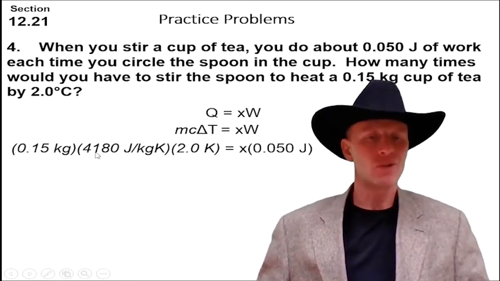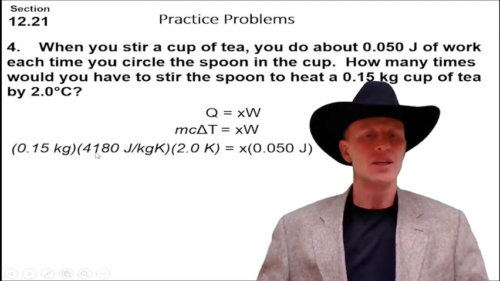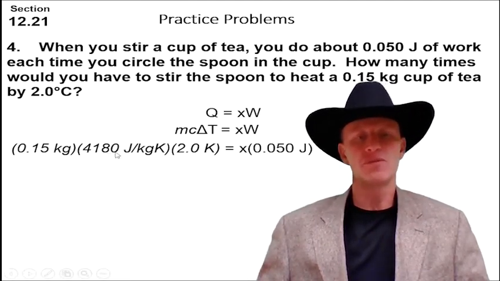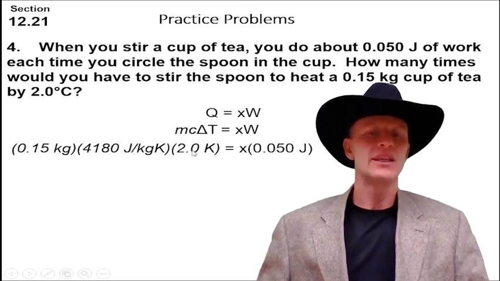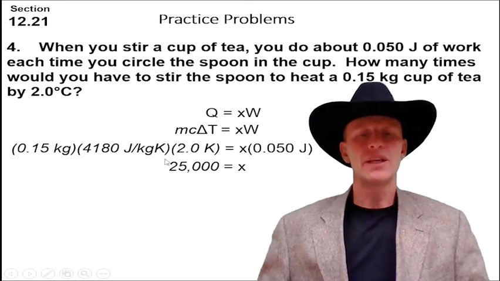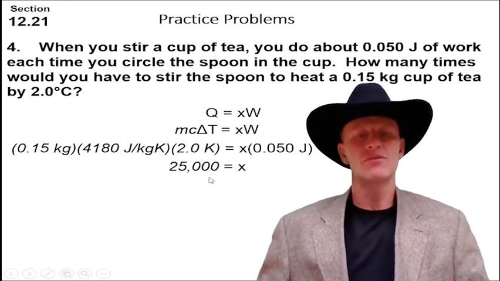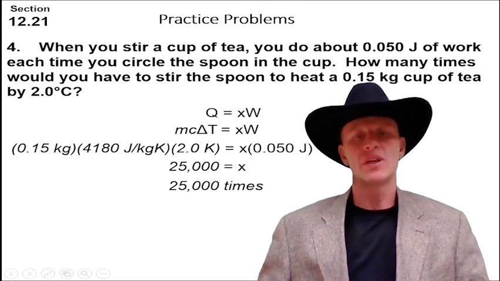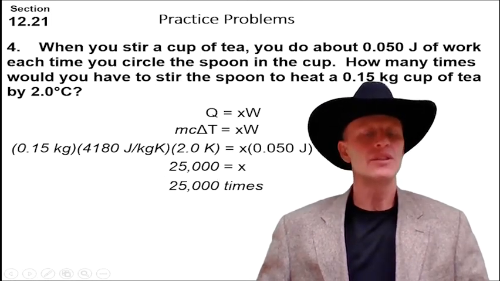It's just stained water. You know, you put a little tea bag in your water and heat it up. That's what tea is. So it's mostly water. So we're going to use 4180 for our C. And the change in temperature is 2K. So multiply these guys, divide by this number, and round it off to 2 sig figs. We're looking at 25,000 times. We're going to have to stir that cup of tea to increase its temperature.